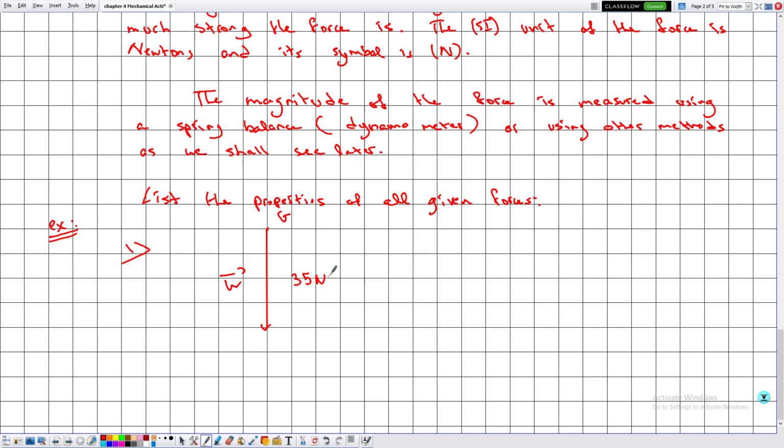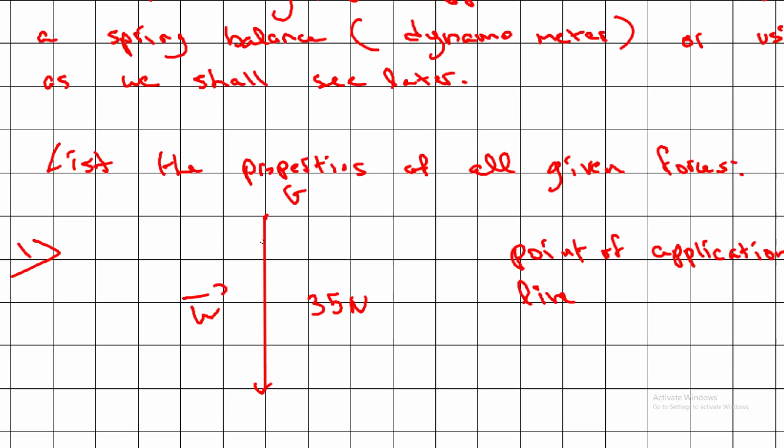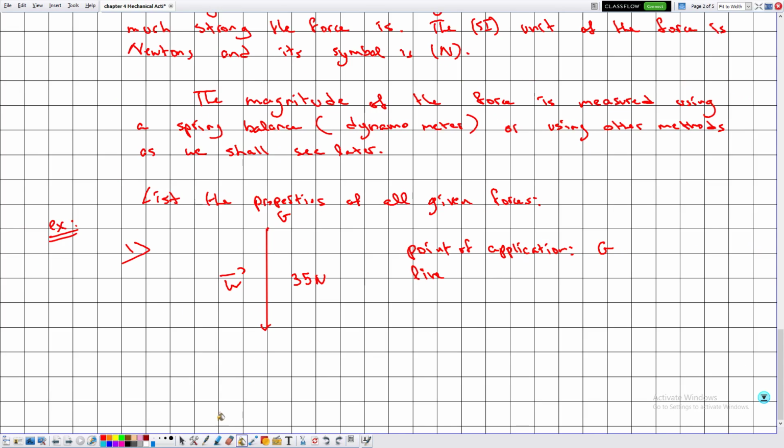So what are the properties of the vector W? Simply the point of application is given by G. The line of action is vertical.